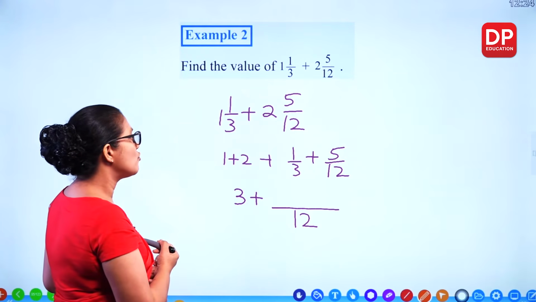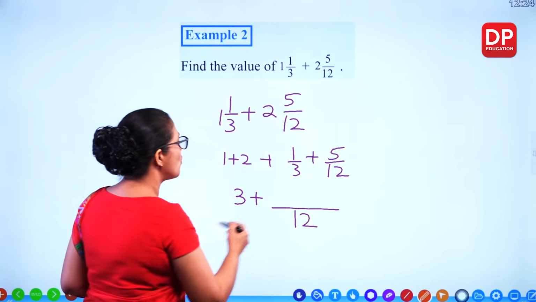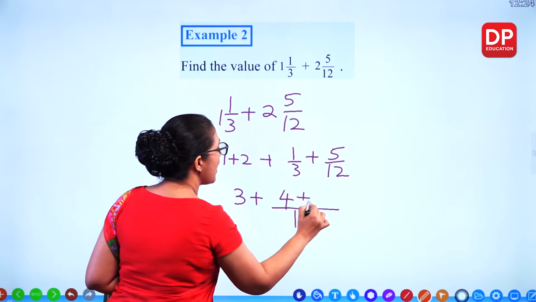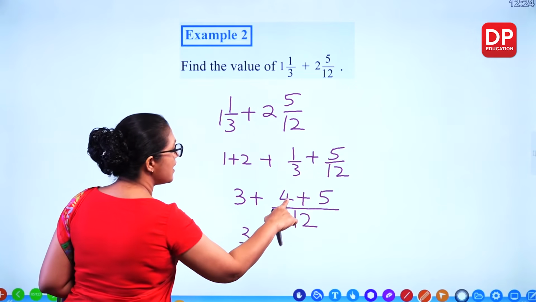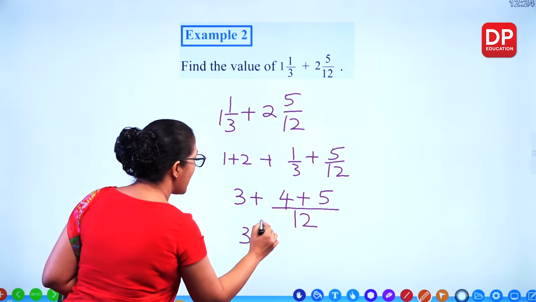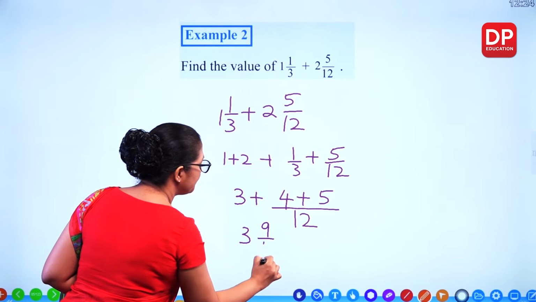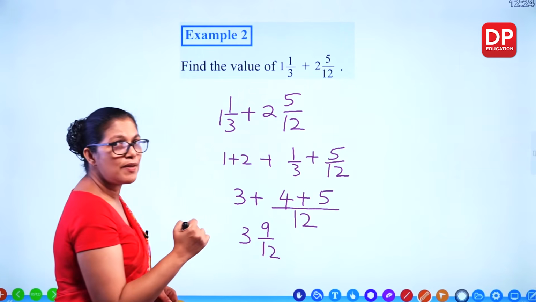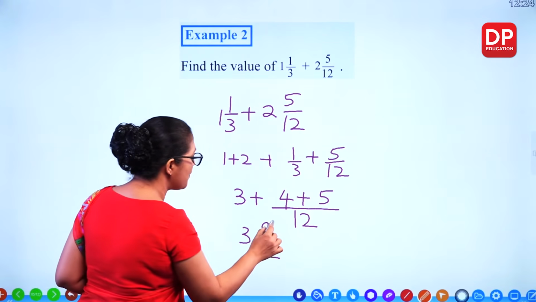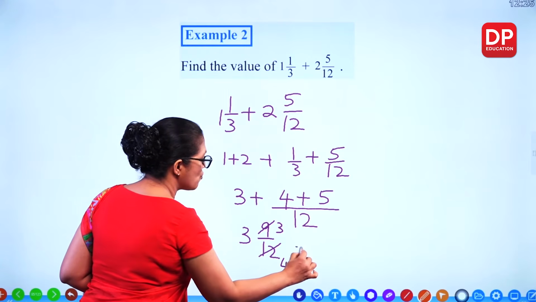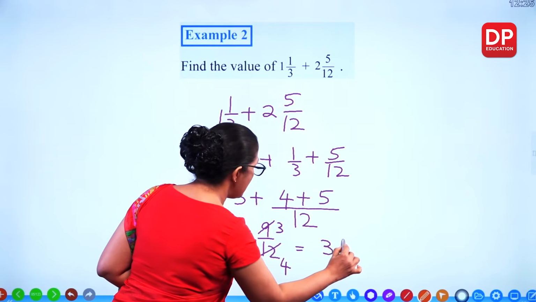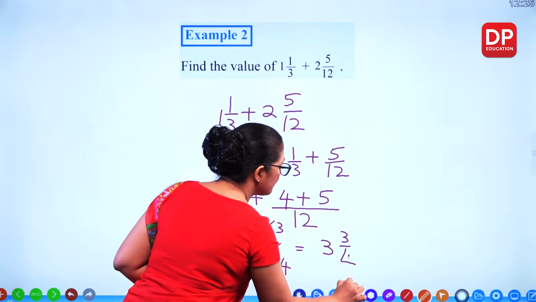Convert to 12. So that means multiply by 4. 4 times 1, 4. And 5 is there already. So 3 and here 4 plus 5, 9. 9 over 12. Now you can simplify this. 9 over 12 divided by 3. You get 3 here. Divide by 3, 4. So finally you get 3 and 3/4.